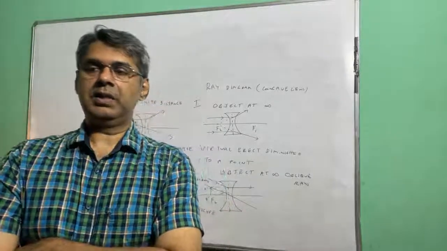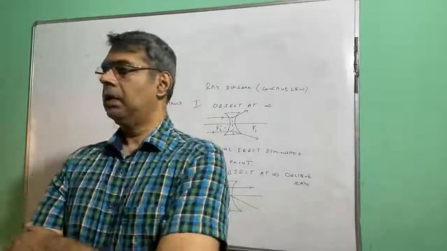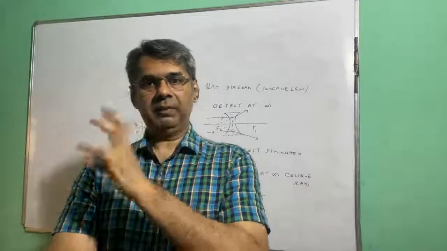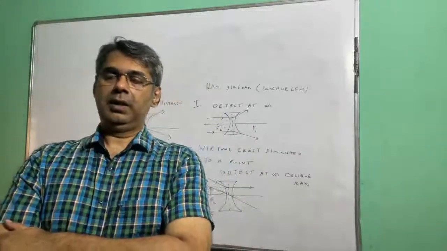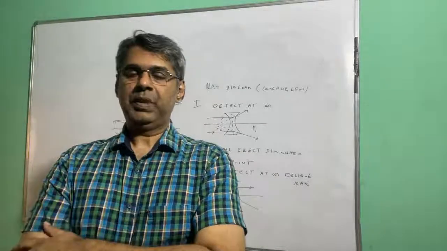It is moving towards the lens, but it is beginning from infinity. How does the position and size of the image change?